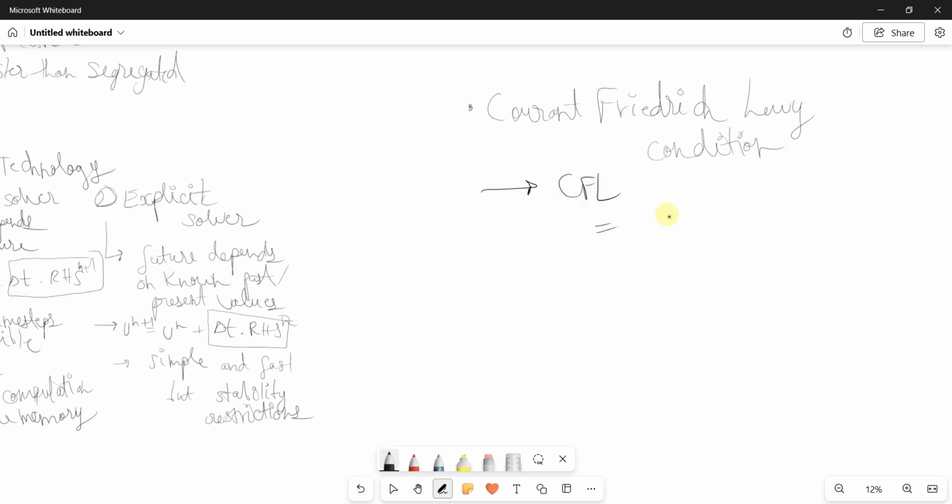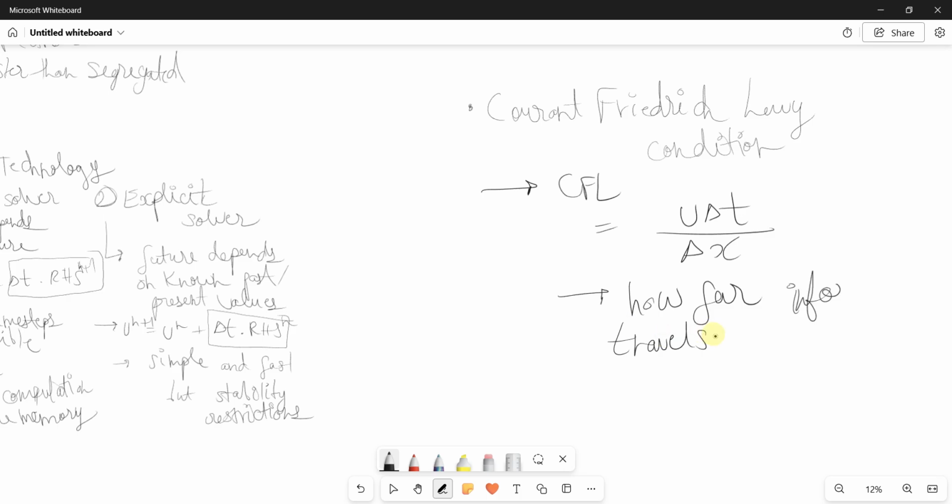So this is usually equal to u delta t divided by delta x. So what does this mean? It says how far information travels in one time step, right?